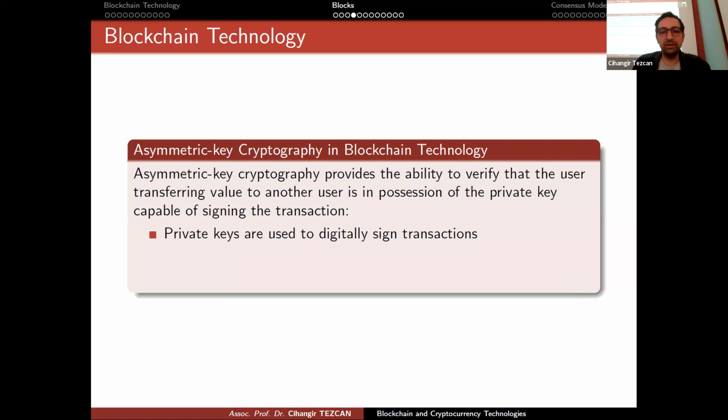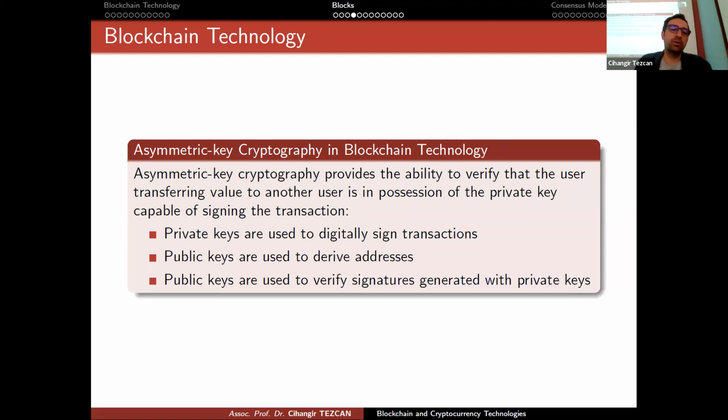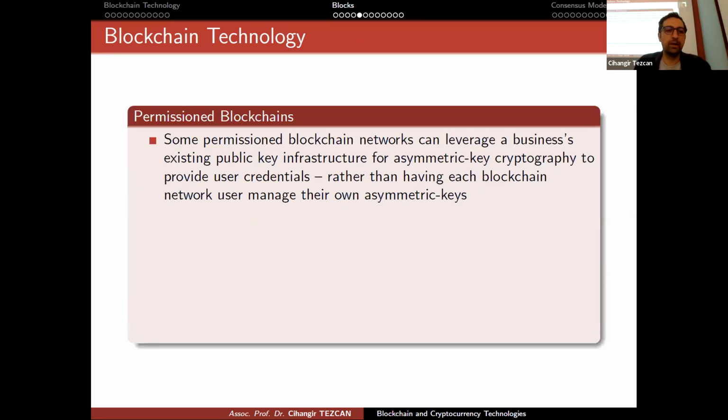Private keys are used to digitally sign transactions. Public keys are used to derive addresses. Also, public keys are used to verify signatures generated with private keys. So nodes just check your signature by doing this. This is what we talk about when we talk about the elliptic curve digital signature algorithm and Schnorr signatures.